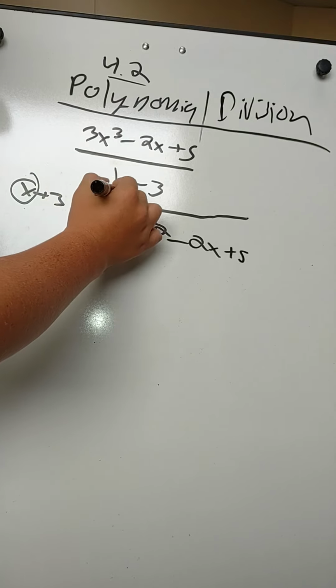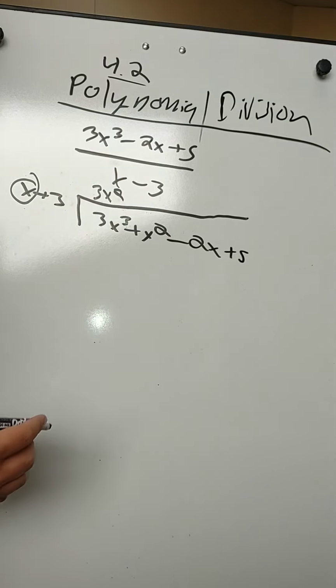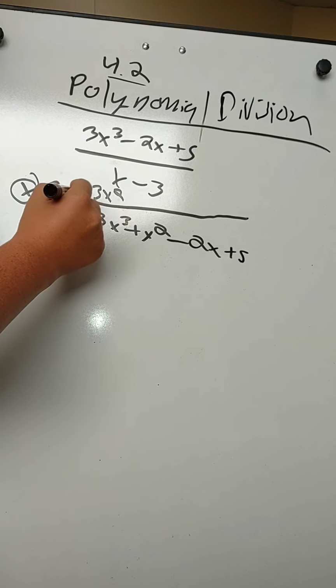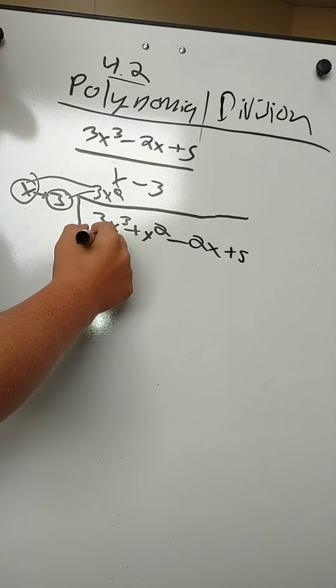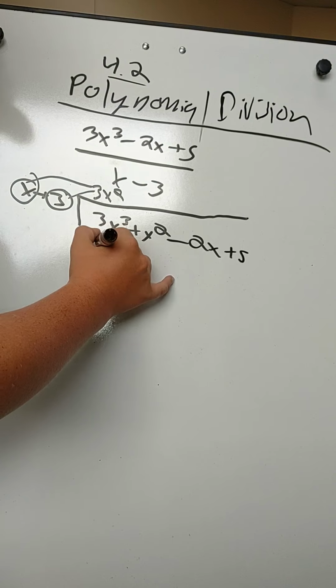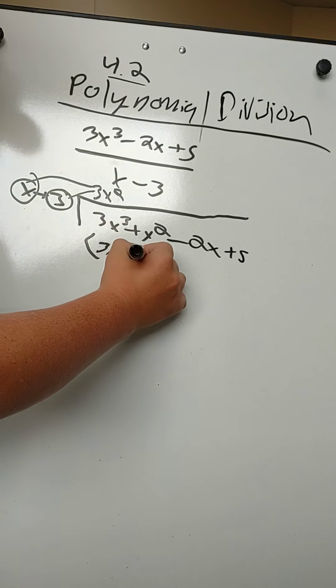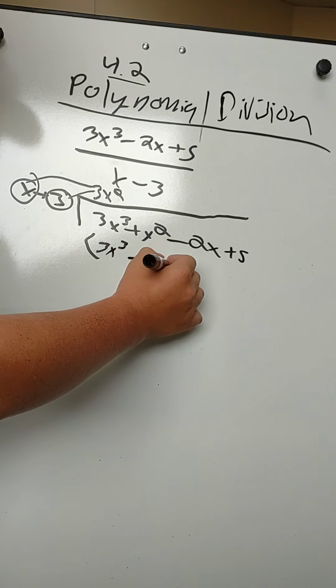So 3x squared. And now what we're going to do is we're going to subtract that after we multiply this term to x and negative 3. So it'll be 3x cubed minus 9x squared.